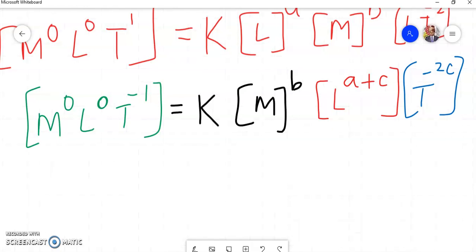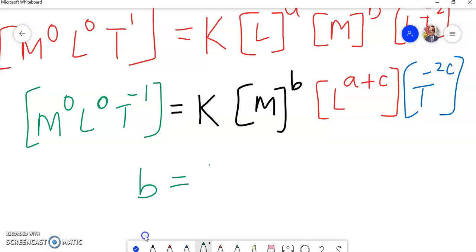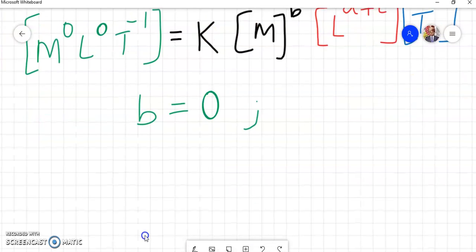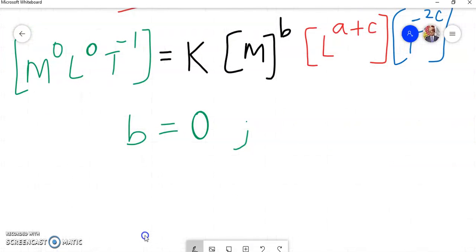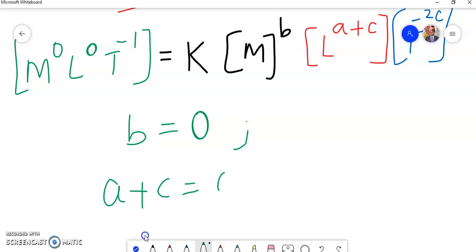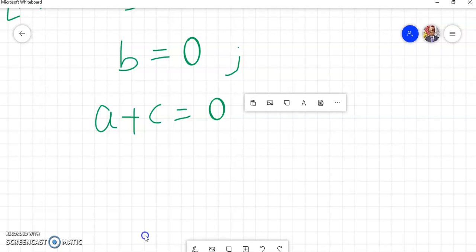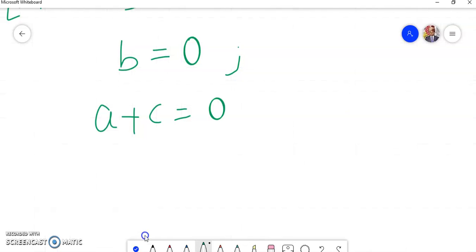You can see that then B is equal to 0, equation number 1. If you compare for length, then A plus C is again equal to 0, and lastly if you compare for time, then minus 2C, see here, minus 2C is equal to minus 1.